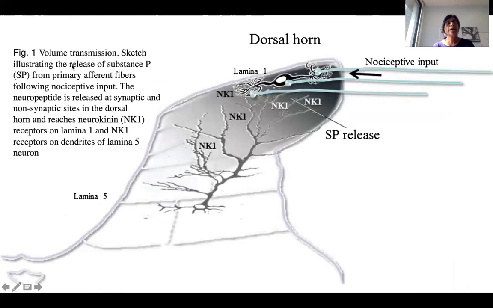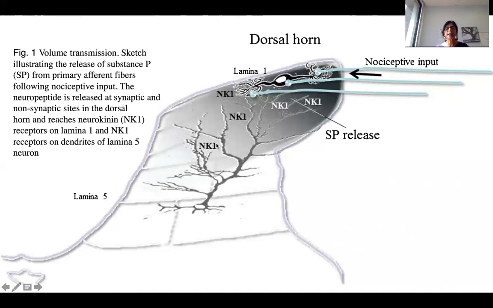All right, so now let's talk about the details in the dorsal horn. What you're looking at here is the first order neuron carrying pain signal. And now what you see is the release of substance P. And you have NK1 receptors here, NK1 receptors in lamina 5 and other places as well.